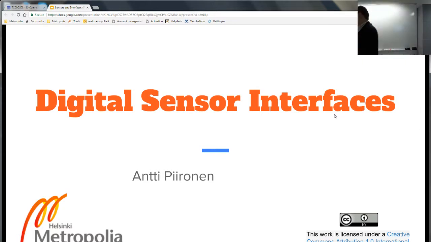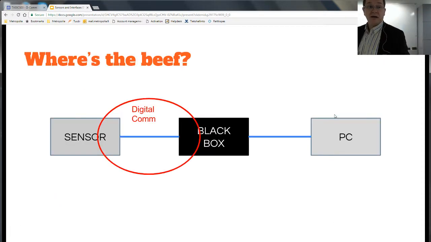So we are talking about, in particular, three industry standard digital interfaces generally used on basically any sensor. And basically, we are talking about that part.